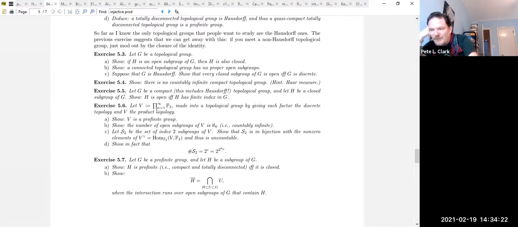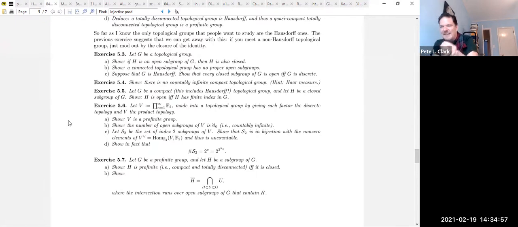It's not a direct sum; it's a direct product. So the dimension of this thing as a vector space over F2 is uncountable, and the dual space is certainly at least as large as the original space. Anyway, so the total number of index 2 subgroups is uncountable, whereas the number of open subgroups altogether is countably infinite. And if you want to be really precise about it, there's a ridiculously large number of index 2 subgroups. It's 2 to the cardinality of the continuum, so 2 to the 2 to the Aleph naught. Okay, so that's ridiculously large.